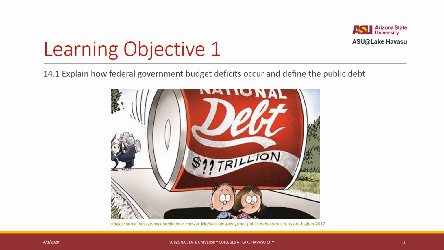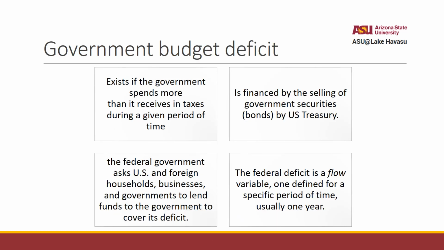Let us start with learning objective 1, that is, to explain how the federal government budget deficit occurs and define the public debt. So the first concept is government budget deficit.